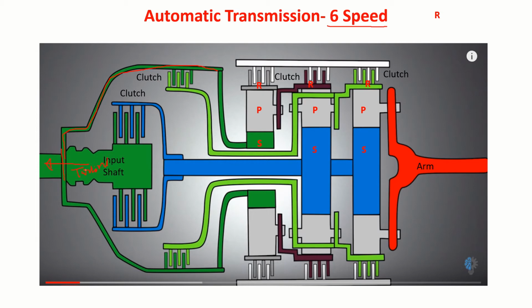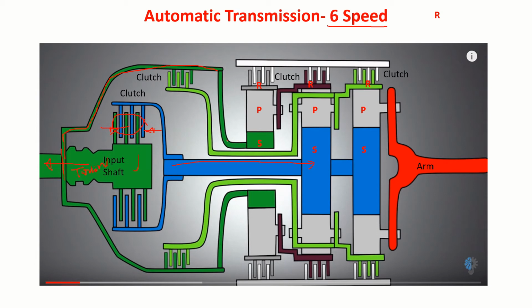This can rotate. Suppose this is the clutch part I was talking about. If I apply this clutch by applying the force like this, if I can bring them together, they get locked. So when this rotates, because it is getting locked, this will also rotate, and so this shaft rotates. So this is mounted on this.